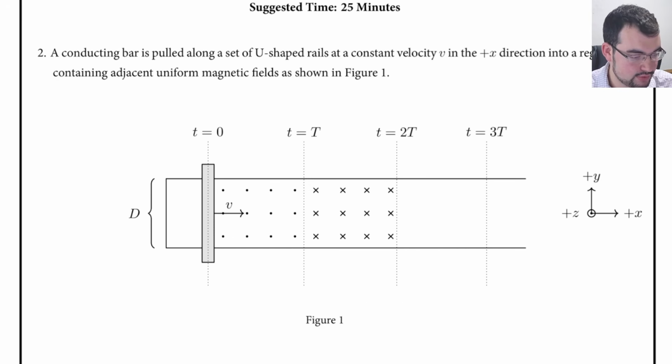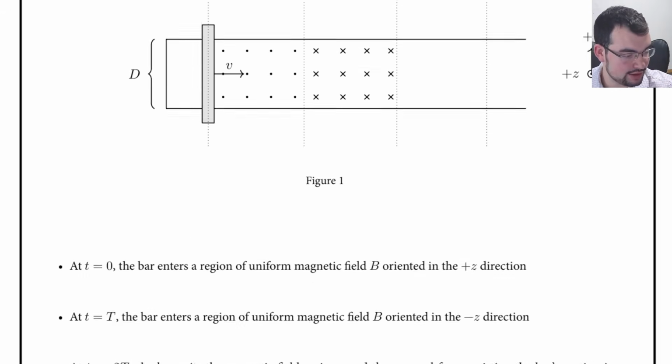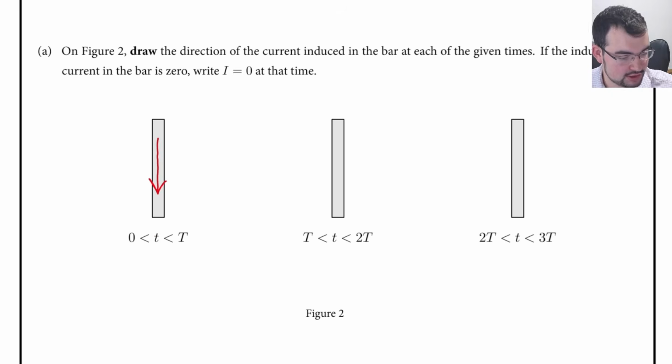Then we're going to get the opposite direction of current because now instead of more circles, we're getting more X's, right? So if I'm getting more X's, I need to generate circles, which would be counterclockwise. Which makes sense because our flux change is reversing sign at that time.